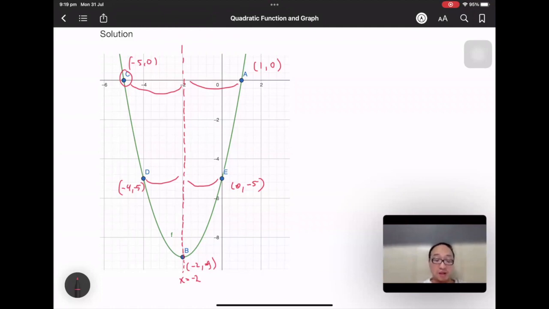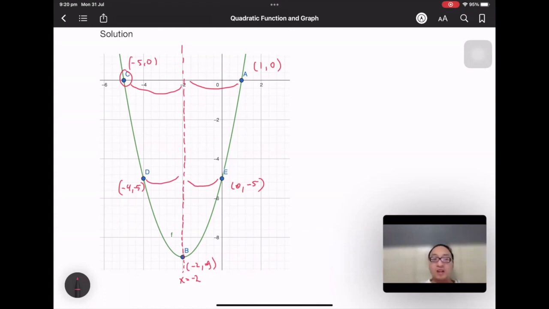That's why the line of symmetry is the line through the vertex. The line passes through the vertex to become the symmetry of the graph, so that means it passes through the midpoint.